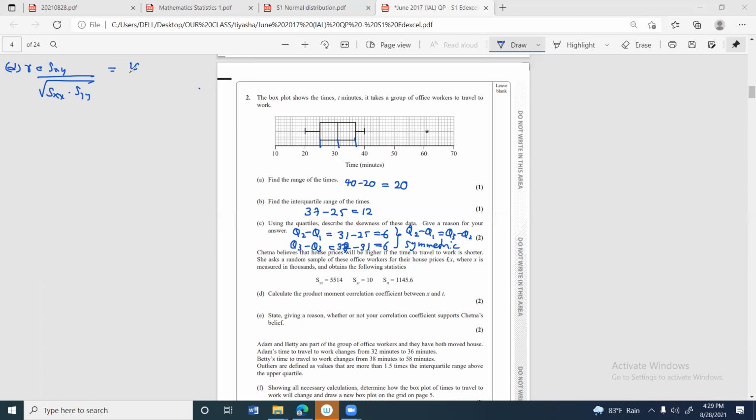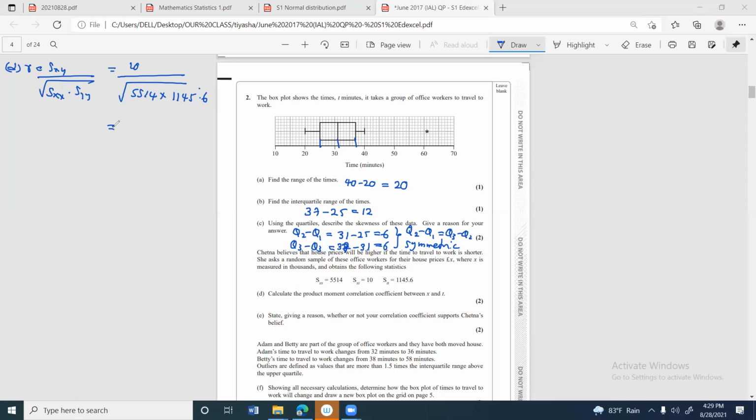Sxt is 10 divided by the square root of Sxx times Stt. Sxx is 5,514 into 1,145.6. Okay. So if you work it out, I do.